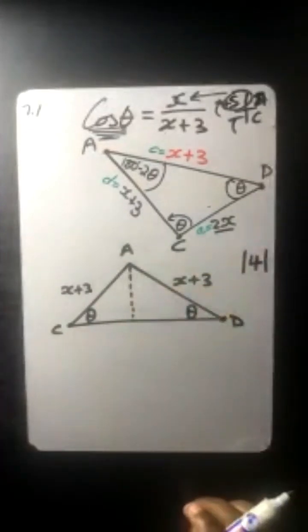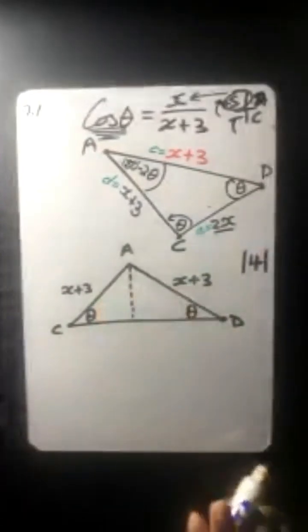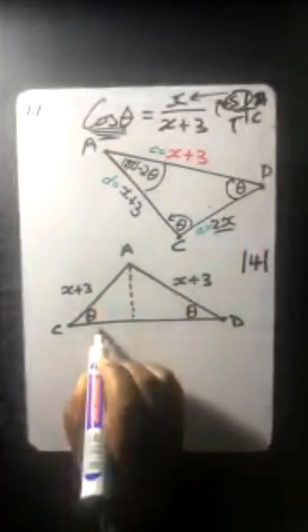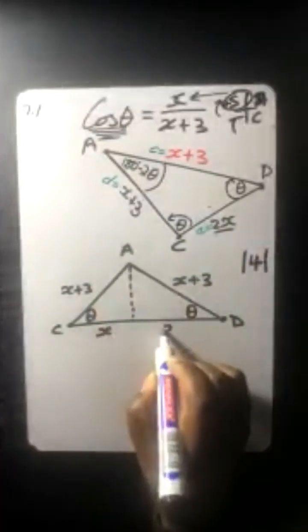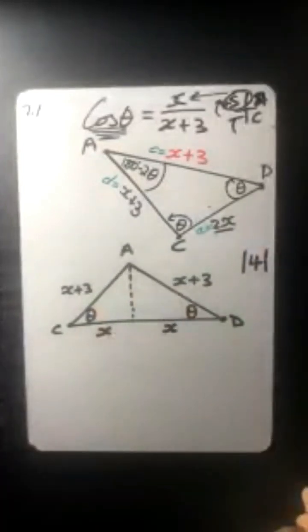That means if you have a vertical line there, it cuts, or results in, these two triangles being equal. What I mean by that is that here you are having x, also here you are having x.